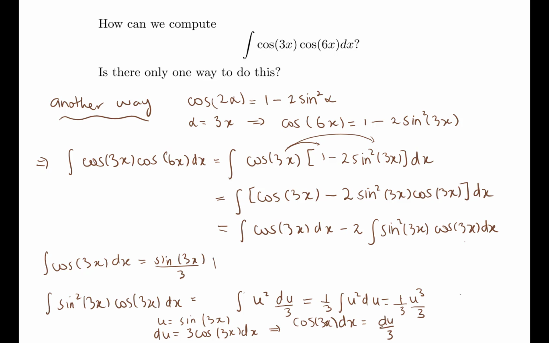We could have added a constant here too. They don't have to coincide. So here we will have 1/3 times 1/3 of u cubed. That's 1/9. U cubed corresponds to sine cubed of 3x, and then we add a constant.